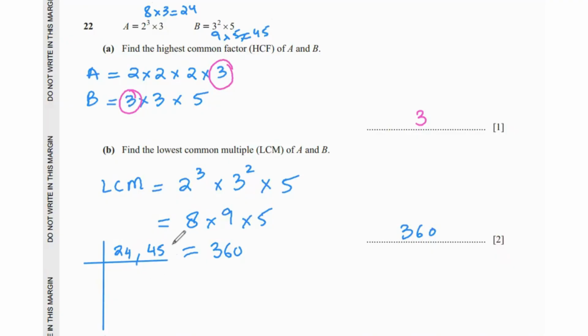So 24 and 45 both come in the 3 times table. 24 divided by 3 is 8, 45 divided by 3 is 15. 8 and 15 don't come in the same times table. So since they don't come in the same times table, 8 divided by 8 is 1. And then 15 divided by 15 is 1. So 3 times 8 times 15.